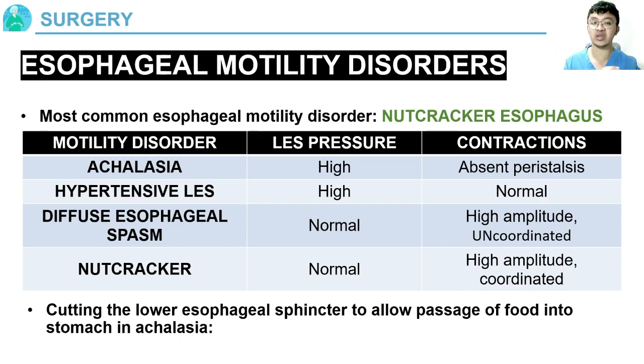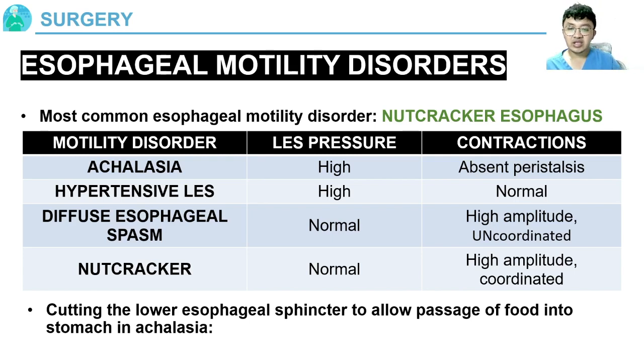As compared to nutcracker esophagus, which is just like a nutcracker, squeezing: high amplitude, but still coordinated. Both have normal LES pressure, but DES is uncoordinated and nutcracker is coordinated.